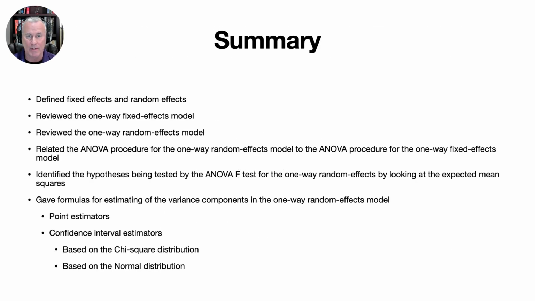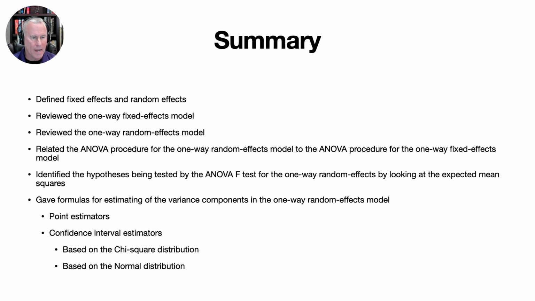Let's summarize what we've done. We defined and differentiated between fixed effects and random effects. We reviewed the one-way fixed effects model, and then we introduced the one-way random effects model. We related the ANOVA procedure for the one-way random effects model to the ANOVA procedure for the one-way fixed effects model.